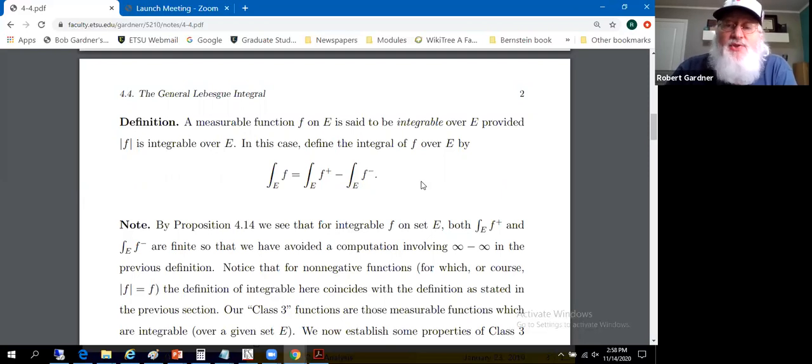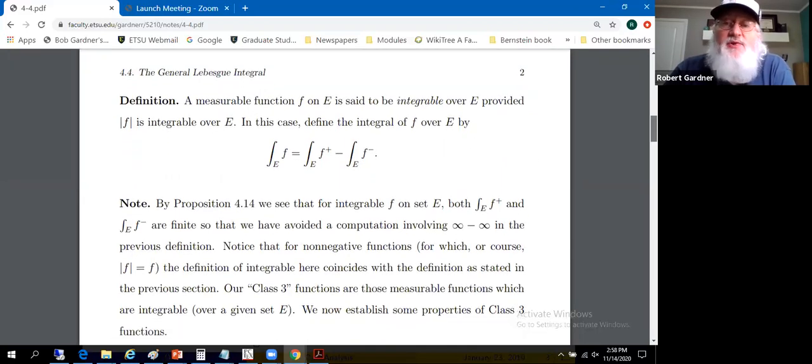And class 3 of functions will be these functions which are integrable. So this is our final class of functions. So what we'll be doing in the remainder of this section pretty much is establishing properties of integrable functions like linearity and monotonicity and a convergence theorem, and additivity will pop up as well.